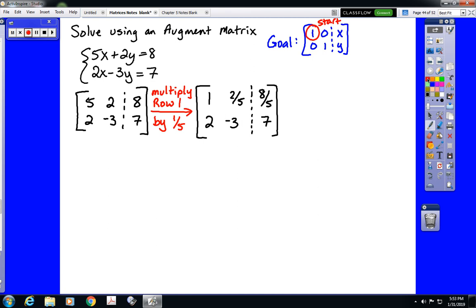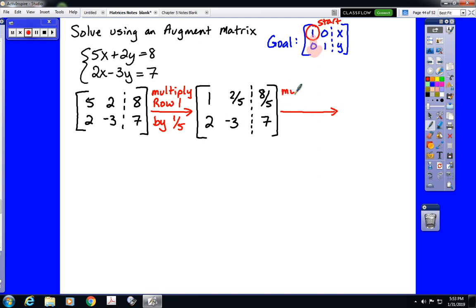Now, after we have the 1 in the first column, we need to get everything else in that column to be a 0. So next we're going to move down and get the rest of that column handled. We're going to turn everything else into a 0. And the way we're going to do that is we're going to use a combo move.